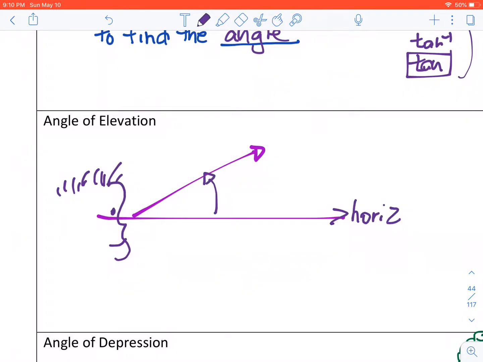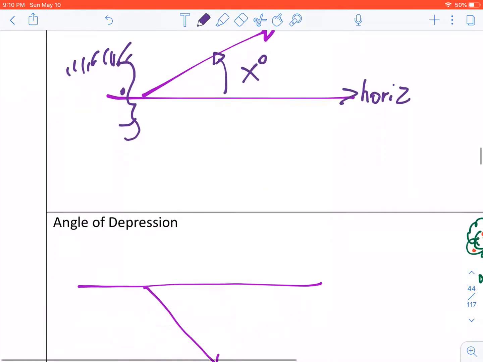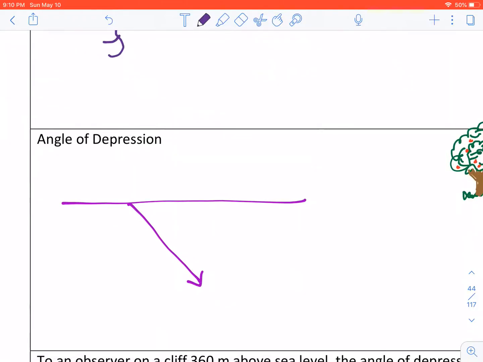So however many degrees it is going from the horizon upwards. An angle of depression, on the other hand, is not that you are sad because you're having to wear a hat, but rather that you are looking downward from the horizon.